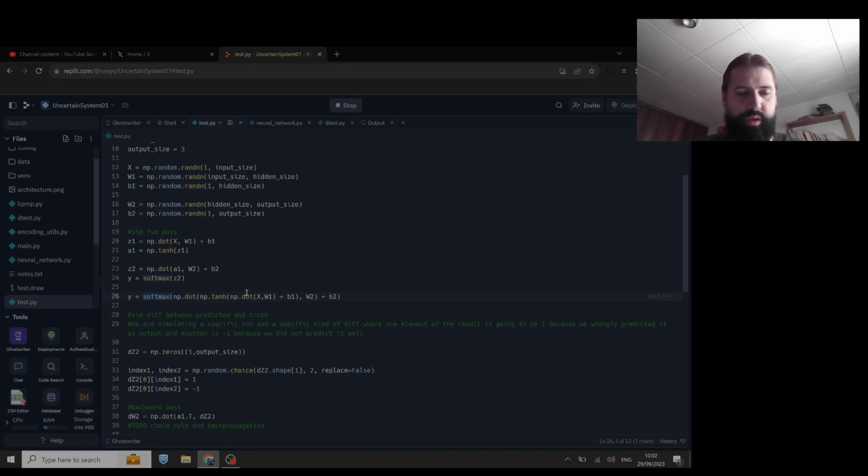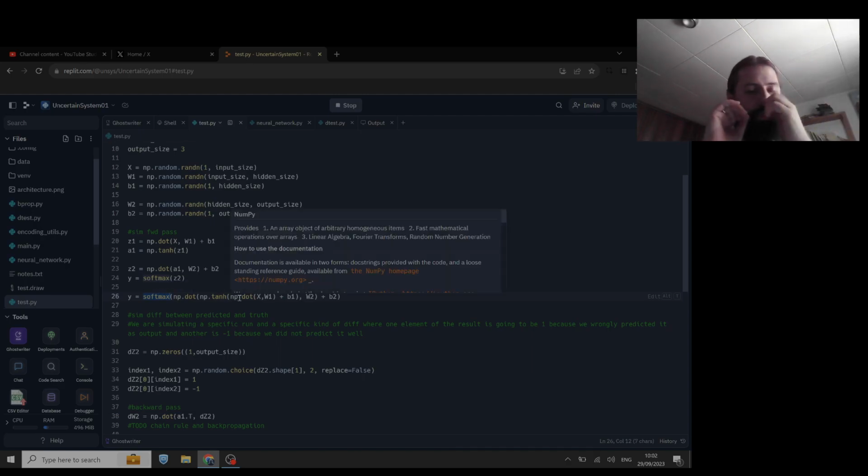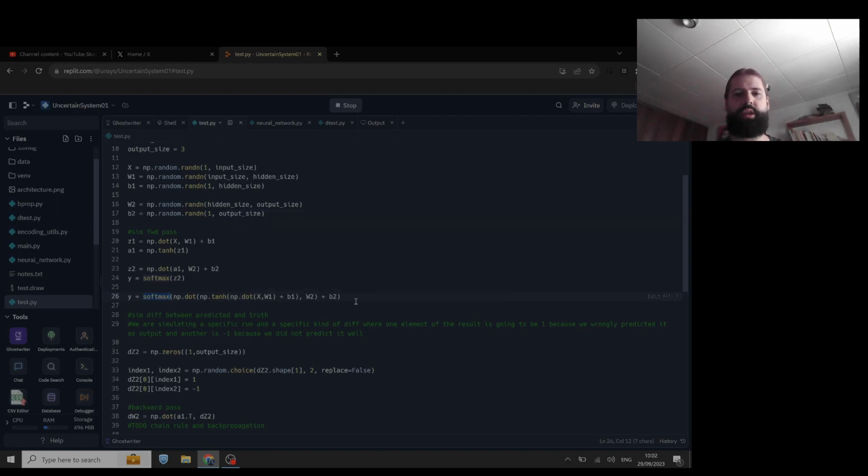In theory, to keep this easier, we could ignore it in terms of calculating the derivatives. So that is essentially a big composition.